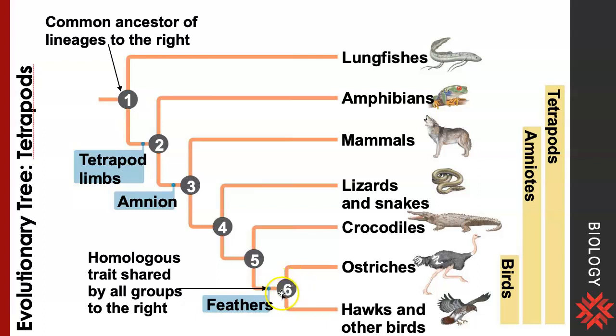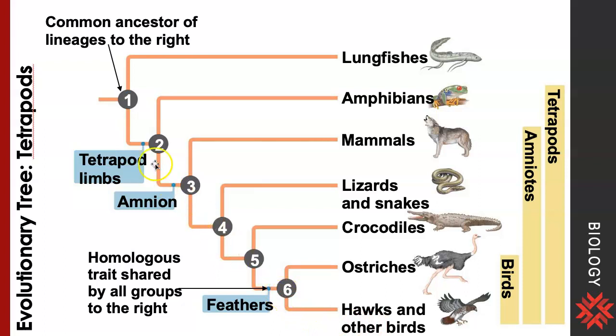So common ancestor number 6 eventually diverged to become two different groups of organisms, the ostriches and the hawks and the other birds. And then you'd actually have a little phylogenetic tree here that would show all of the different species of birds and how they are all related to one another if you really zoomed in on that tree.